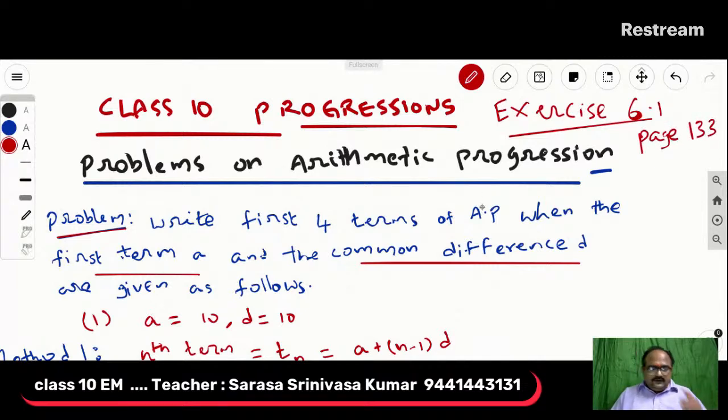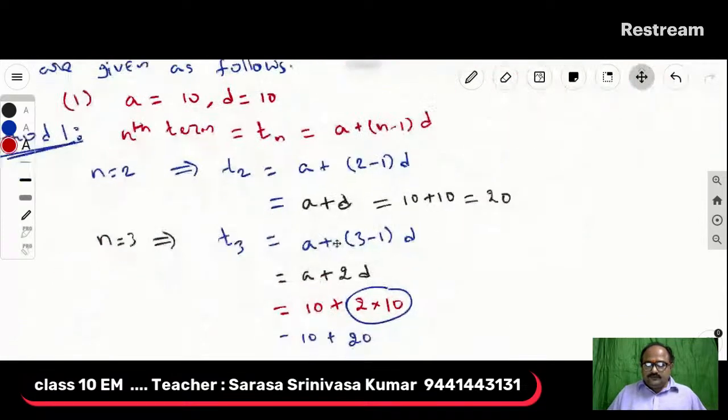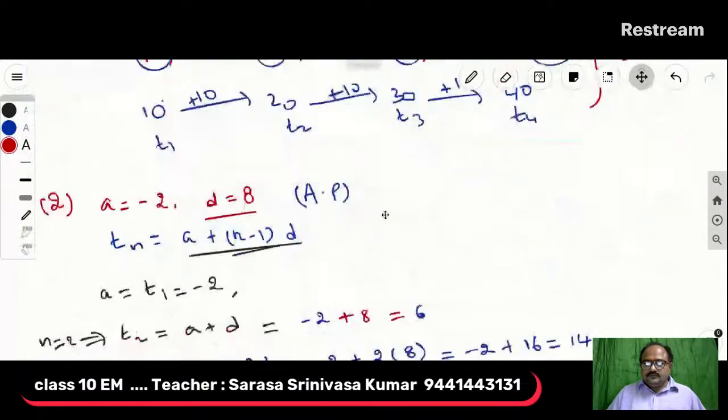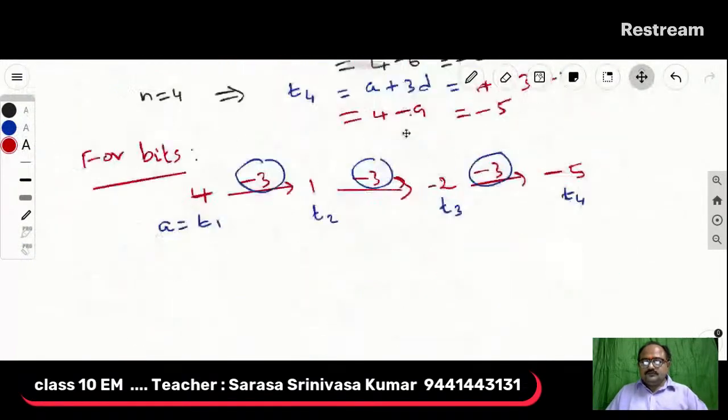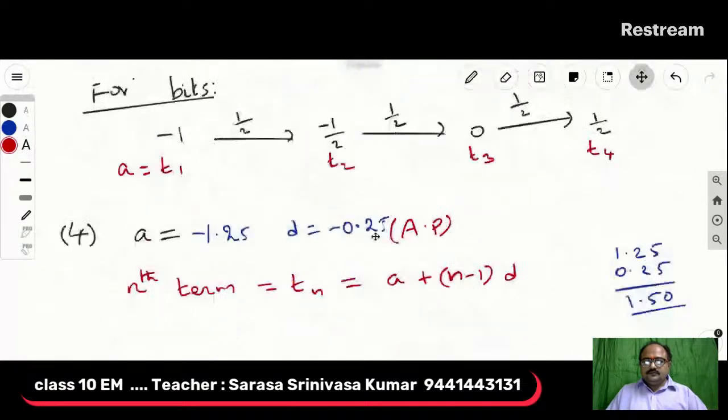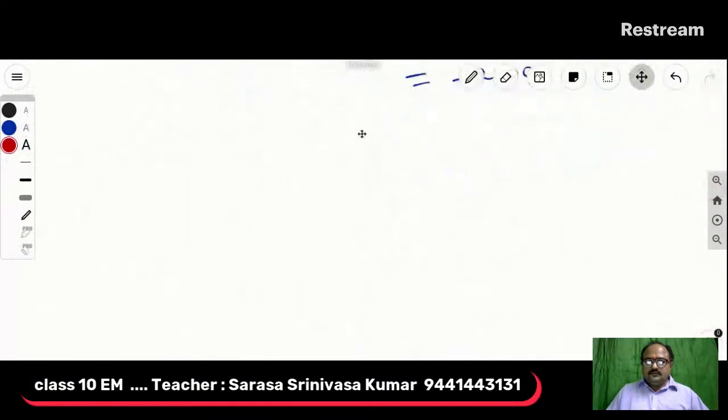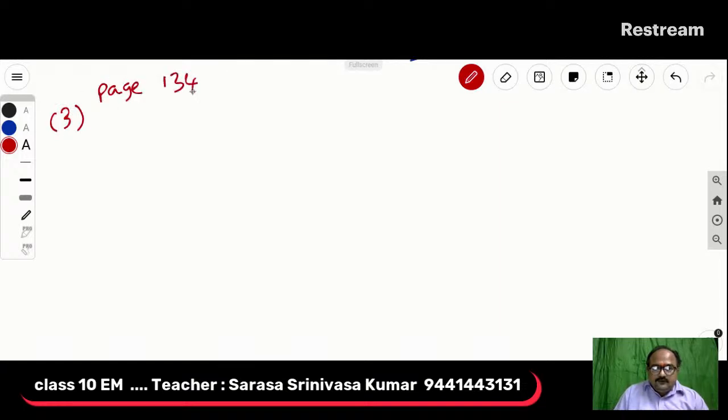Students can refer to page number 133. Now the next problem. This is the third problem, third Roman numeral, page number 134.